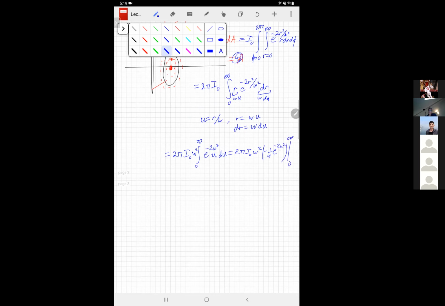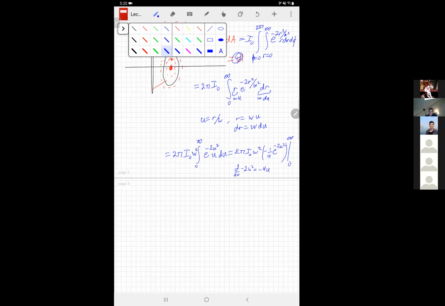Any questions on where that negative 1/4 comes from? If you just take the derivative of this exponential, well, the derivative of an exponential is itself, but then you take the derivative of the exponent, and d by du of minus 2u squared is minus 4u.